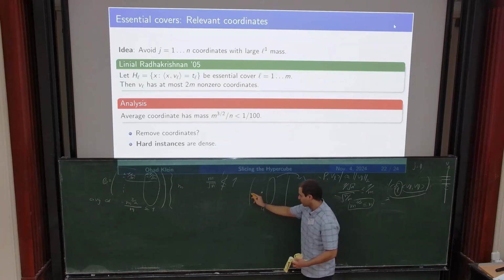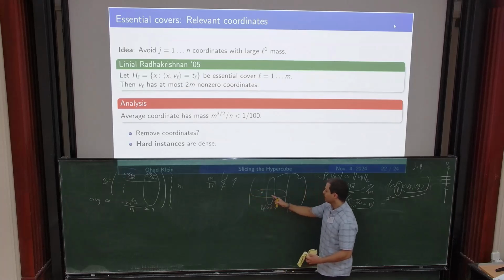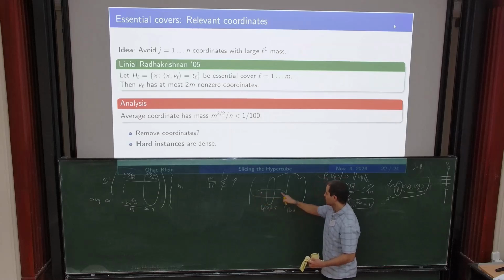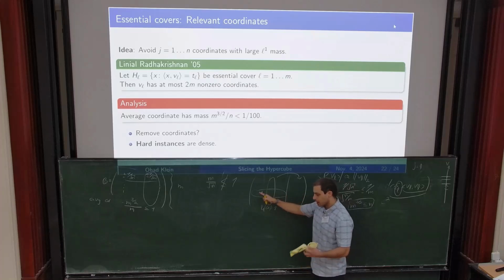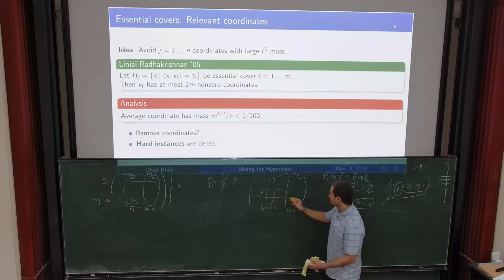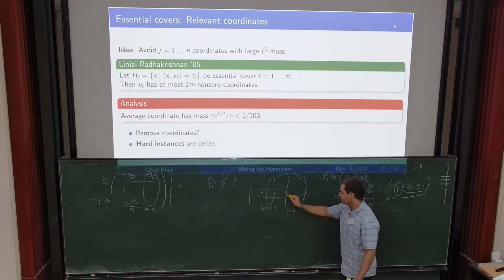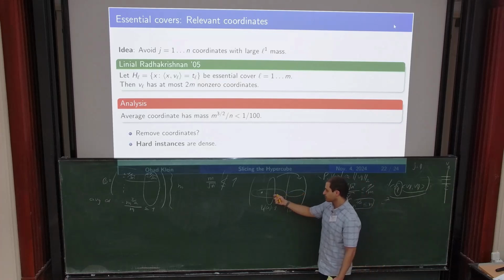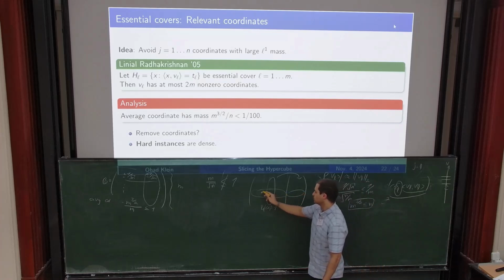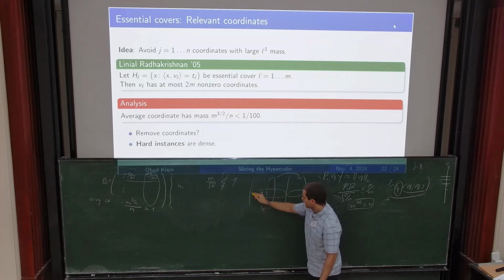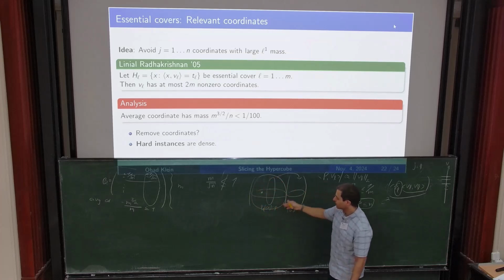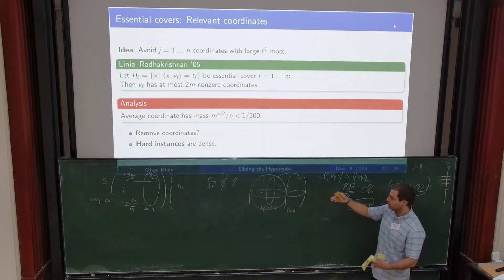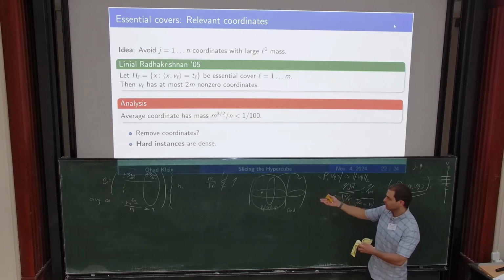And because we are talking about an essential cover, this non-zero coefficient is used in some hyperplane that is not dummy, and this means that there exists some substitution for these coordinates which keeps the rest of the good columns a non-trivial cover.